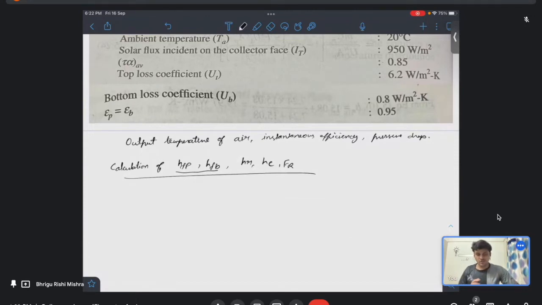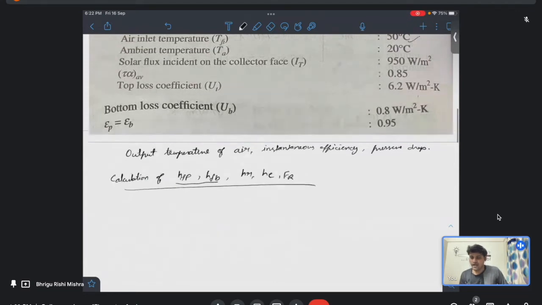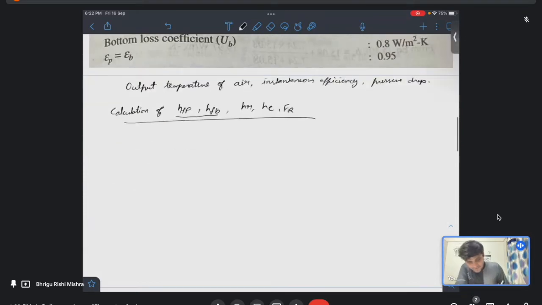We can assume the mean temperature of air is 55 degrees centigrade, and use the air properties at that temperature to solve this question.